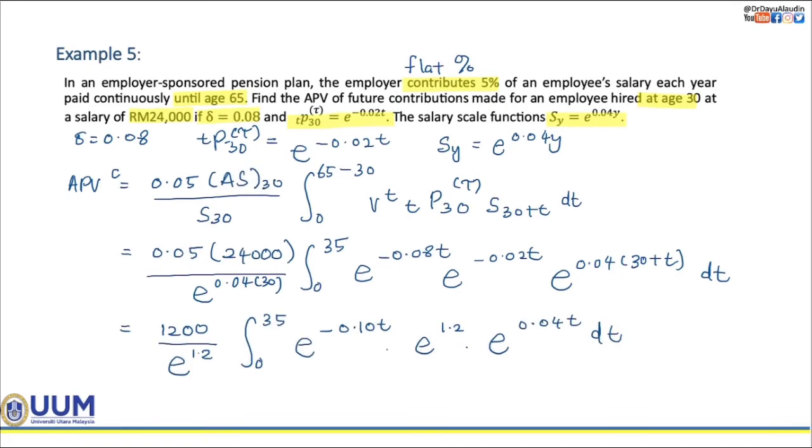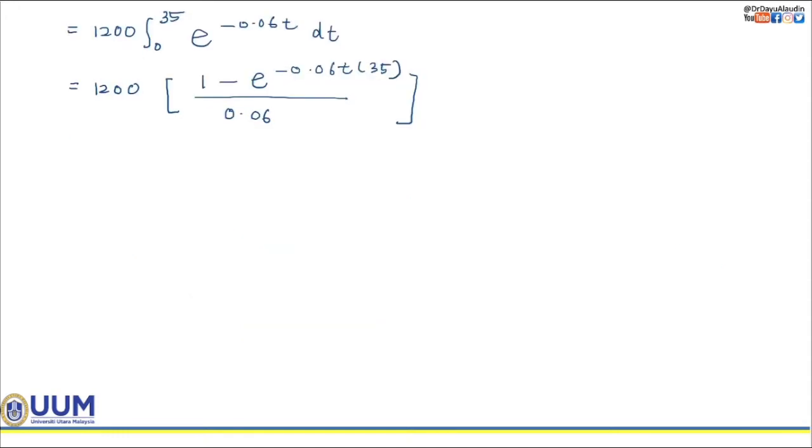And we got this equation, and we can solve the integration, and finally we get the answer equal to 17,550.87. So this is the APV for example 5.